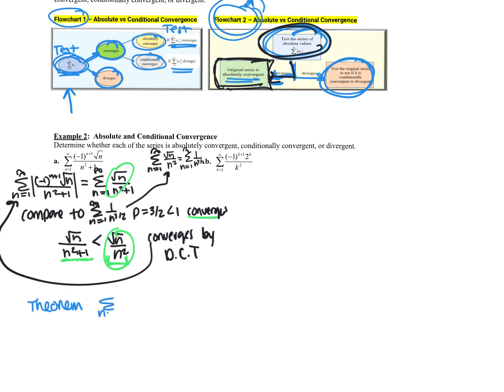It says if the absolute value converges, then the original series converges. And so we will say that the original series converges absolutely.